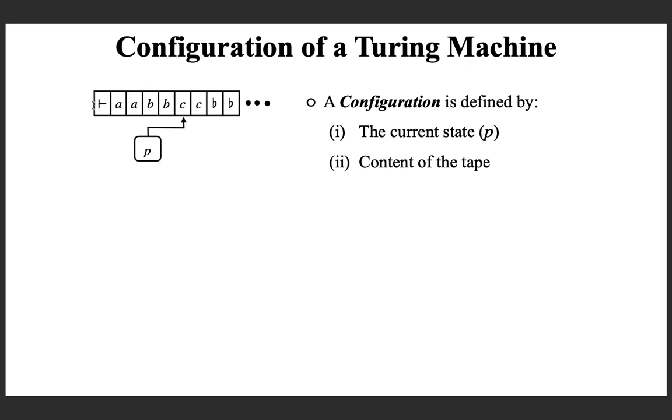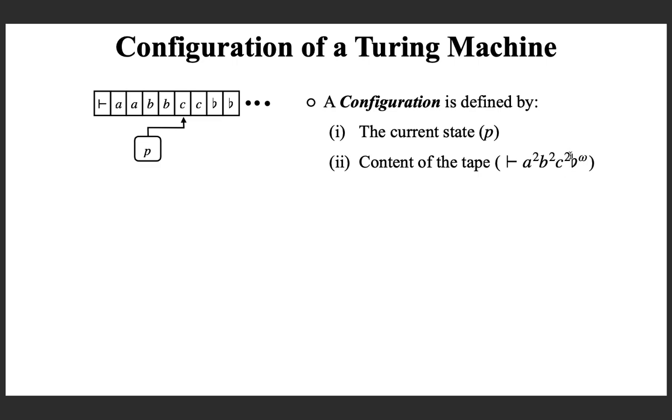It is the left hand marker followed by a square, b square, c square, then blank symbols on all the cells. There are infinitely many cells, so you can write the left hand marker followed by a square, b square, c square followed by blank infinitely many times, represented as blank to the power omega, infinite repetition of blank symbols.